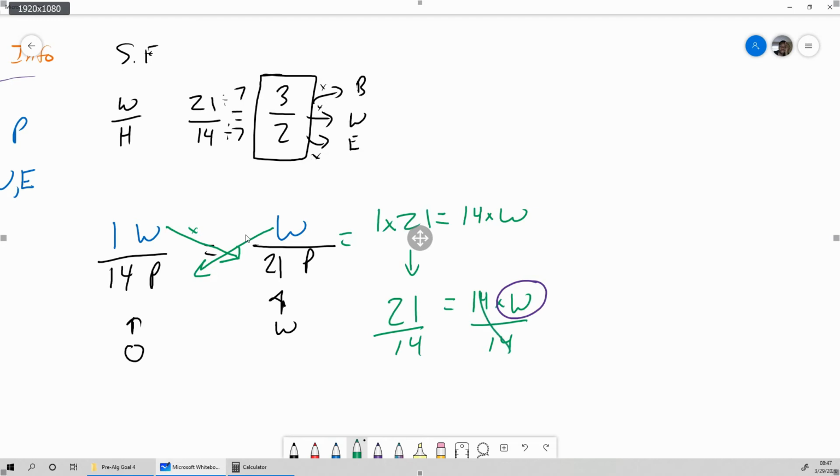Well, look at what we got there. We got a scale factor of 3 halves. So I should need 3 halves cups of water. I can double check my work by doing the scale factor times my original. Well, 3 halves times 1 is, what do you know, 3 halves.